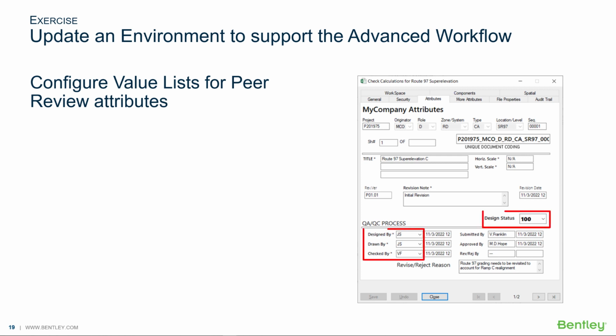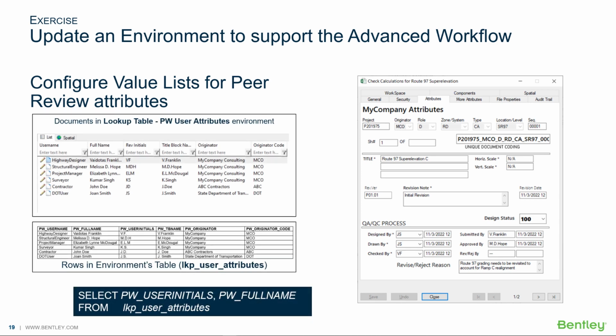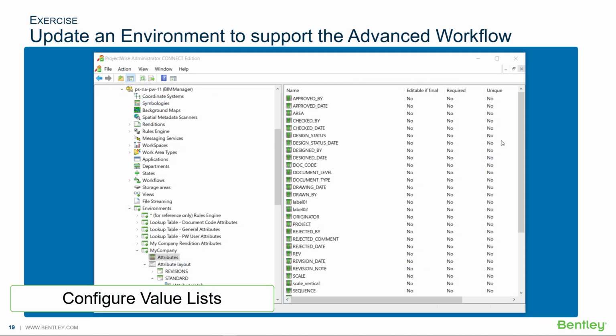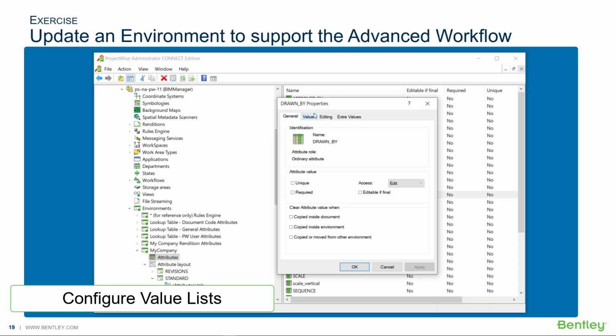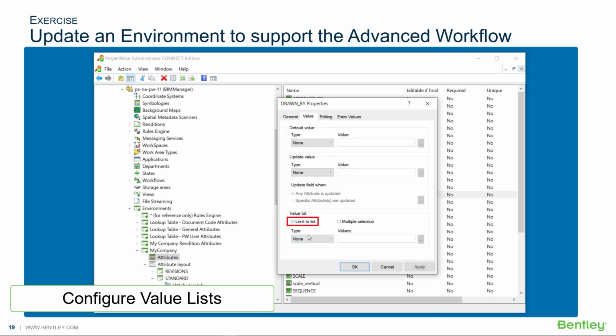Next, we will create pick lists for the peer review attributes. As illustrated before, we will simply use a select statement to list all user initials from the PW user lookup table. In ProjectWise Administrator, open the properties for the drawn by attribute. On the Value tab, in the Value List section, enable Limit to List and change the type to Select.